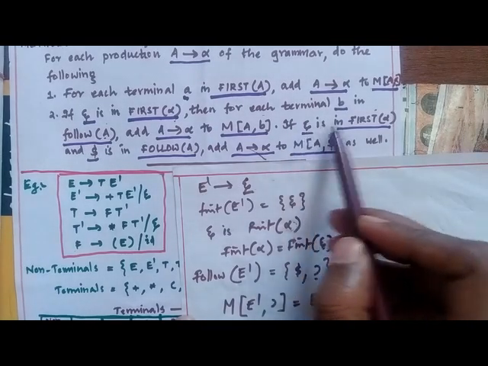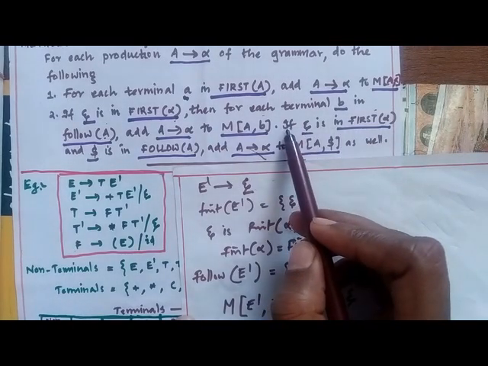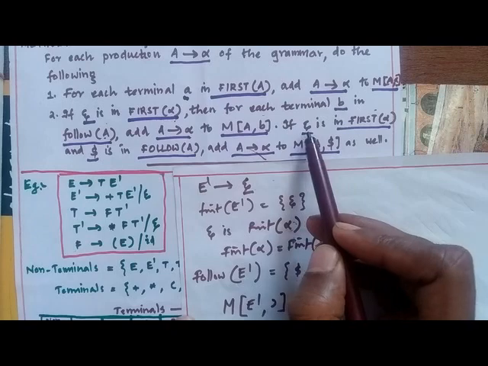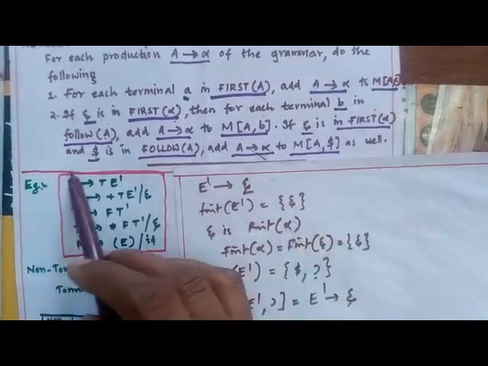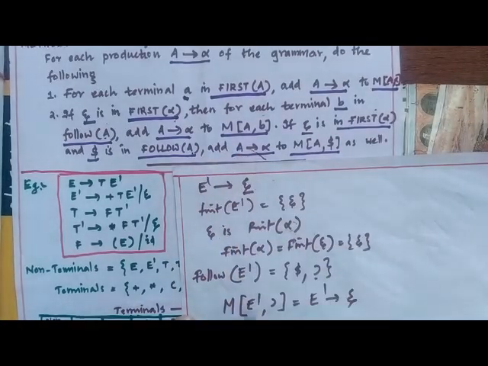Then look at the rule: it's saying if epsilon is in first of alpha and dollar is in follow of A, then add A gives alpha to M of A, dollar. A means E dash, so M of E dash, dollar contains the production E dash gives epsilon.